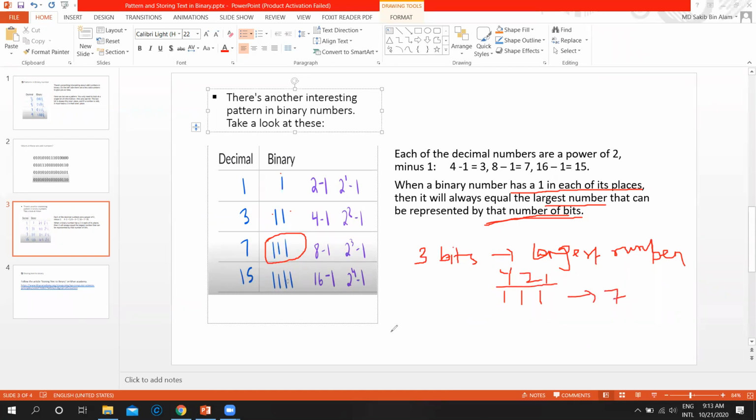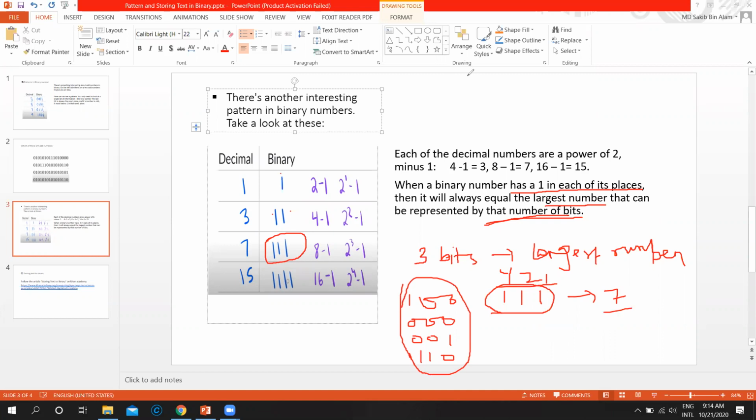With 3 bits you can represent numbers like 1 0 0, 0 0 0, 0 0 1, 1 1 0, something like that. All of these are 3-bit numbers. But what will be the largest number that can be represented by 3 bits? That is 1 1 1, which is 7.